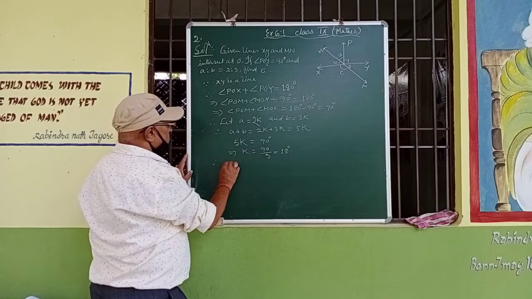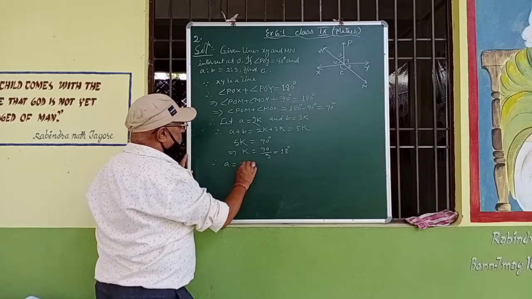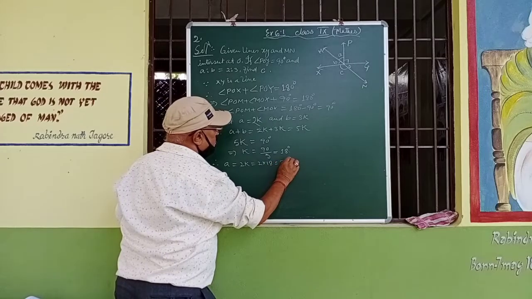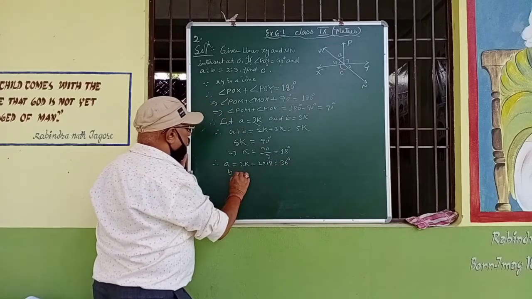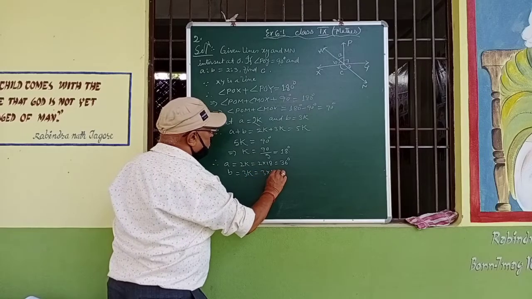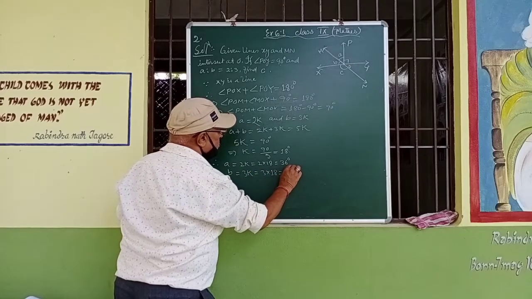Therefore, A is equal to 2K is equal to 2 into 18 is equal to 36 degree. B is equal to 3K is equal to 3 into 18 is equal to 54 degree.